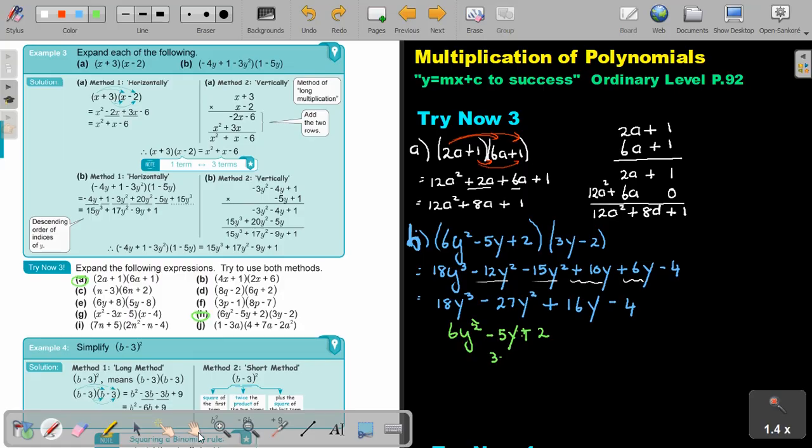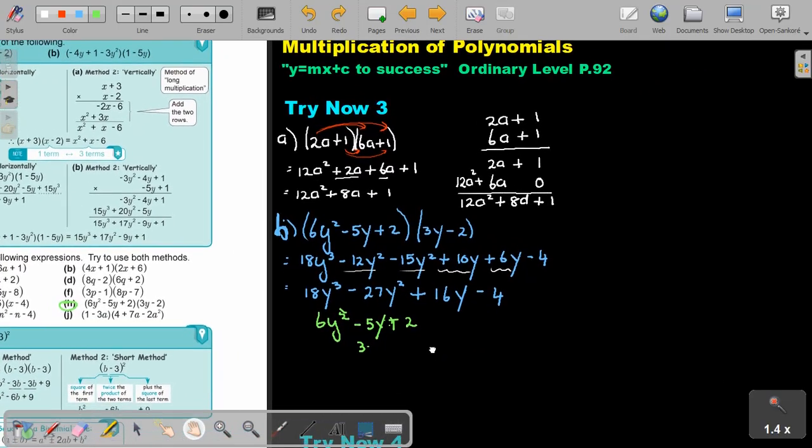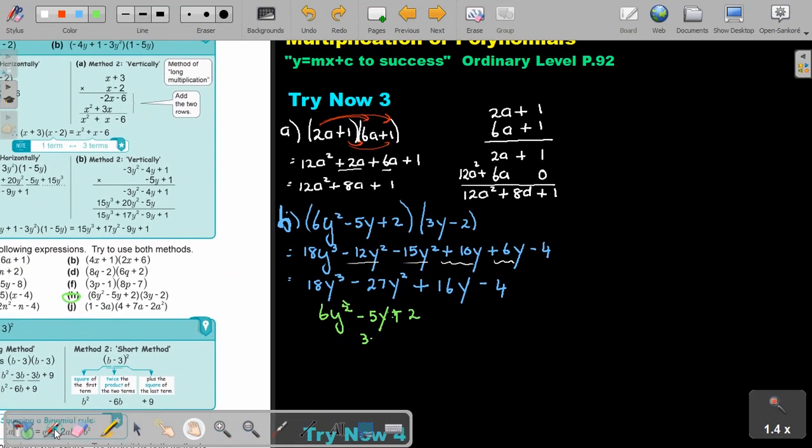I must try to do it on this side because the pen is not working so nice there. I'm going to try to do it here. Okay, so it's 6y squared minus 5y plus 2. And this is going to be 3y minus 2.